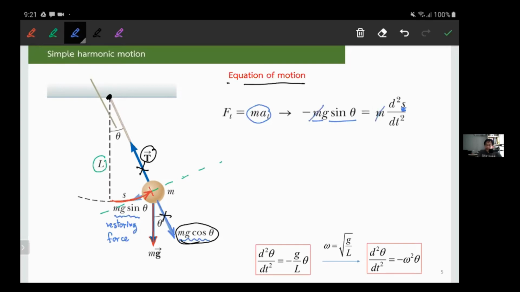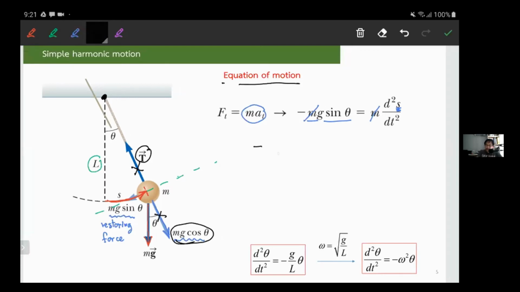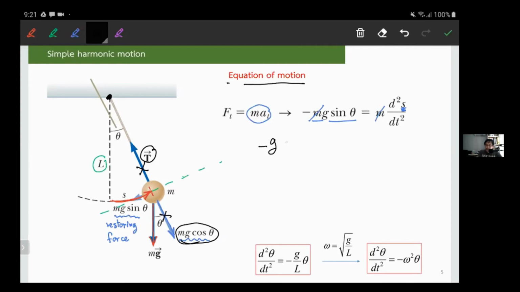The m cancels. So mass has no relation with this motion whatsoever. It doesn't matter how big the mass you're hanging is. It doesn't come into play. But can you solve this equation though? So let me write it like minus g sine theta equal to d2s by dt2.